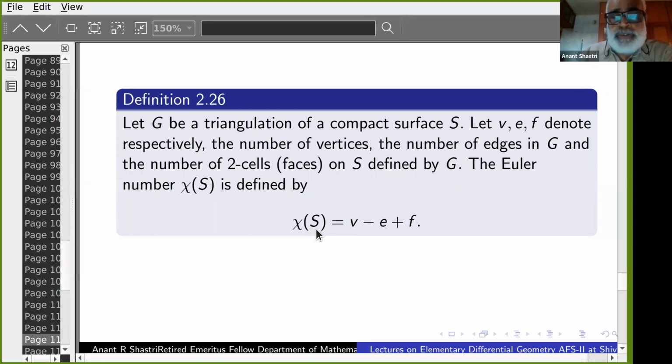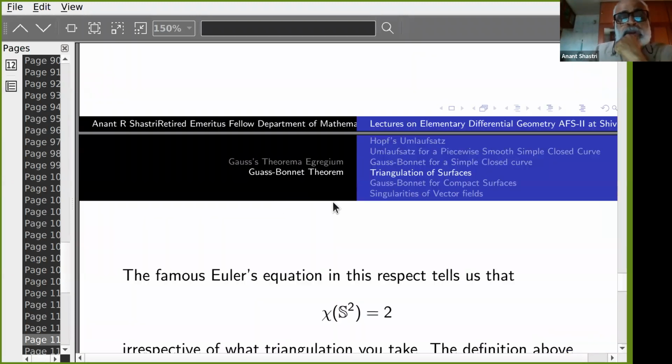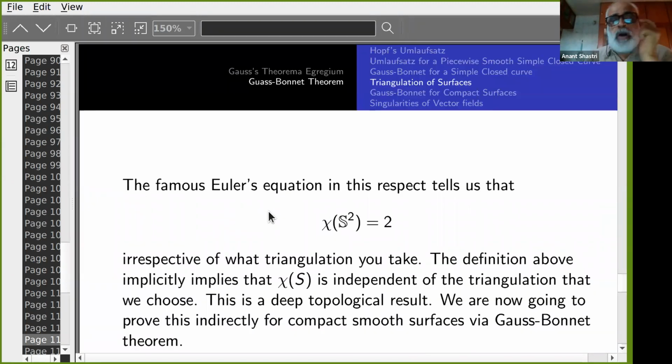So let me use this notation, though before using the notation I should have justified it. Right now, if I write chi-G here, then you are happy. There is no problem, right? Okay. So the famous Euler's equation in this respect tells us that chi of S2 is always 2. This statement was proved by Euler himself.